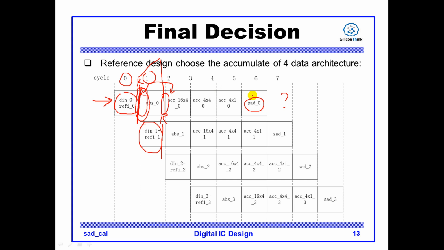The same holds for this cycle. There is no need to keep the difference value after cycle 0; you just need the accumulated value, which already has all the information to calculate the final result.